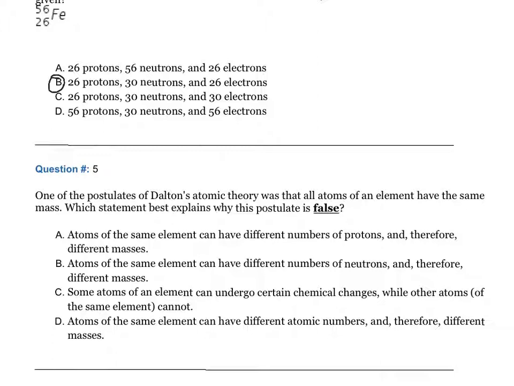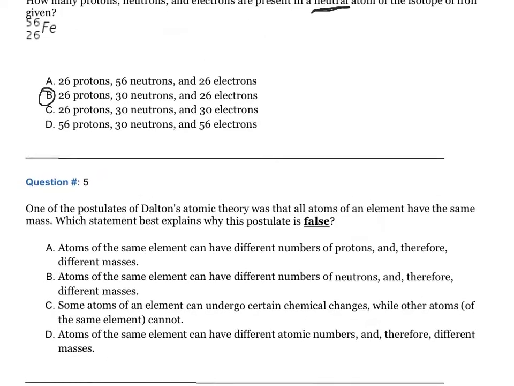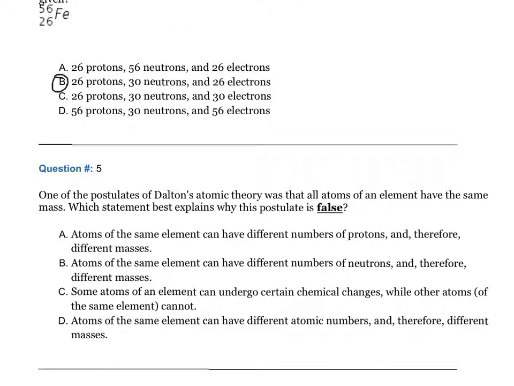The answer is B. Atoms of the same element can have different numbers of neutrons and therefore different masses. Atoms can have more than one isotope, and isotopes vary in their number of neutrons.